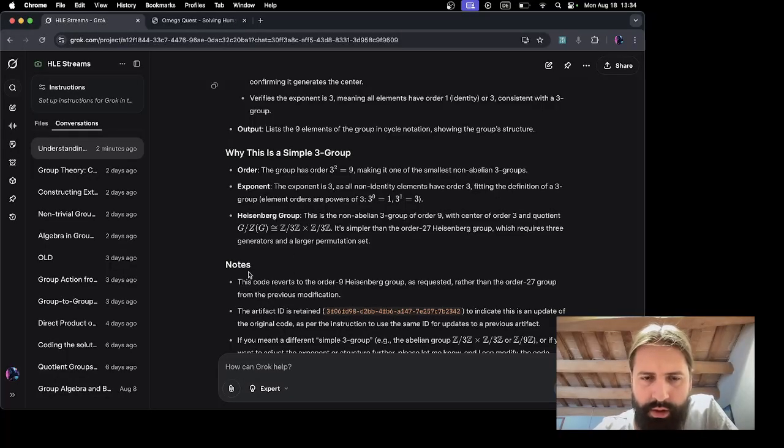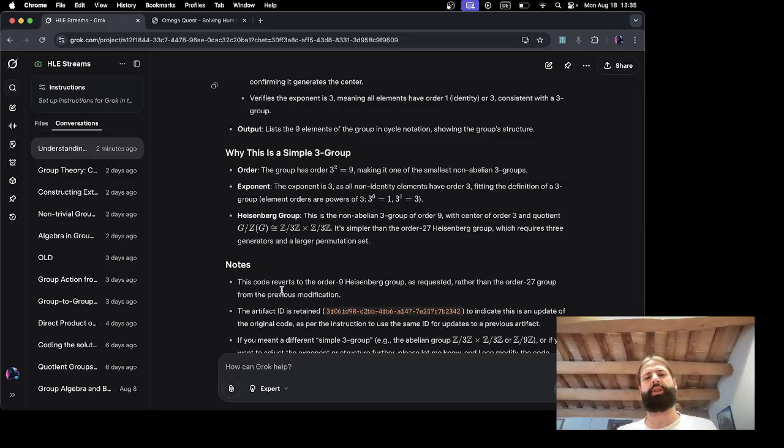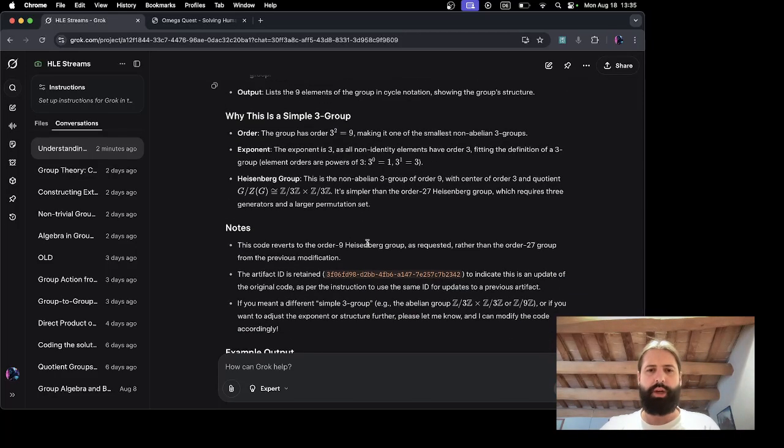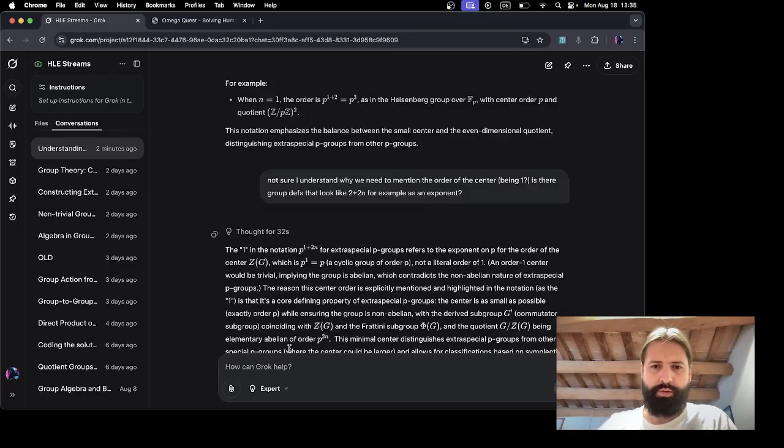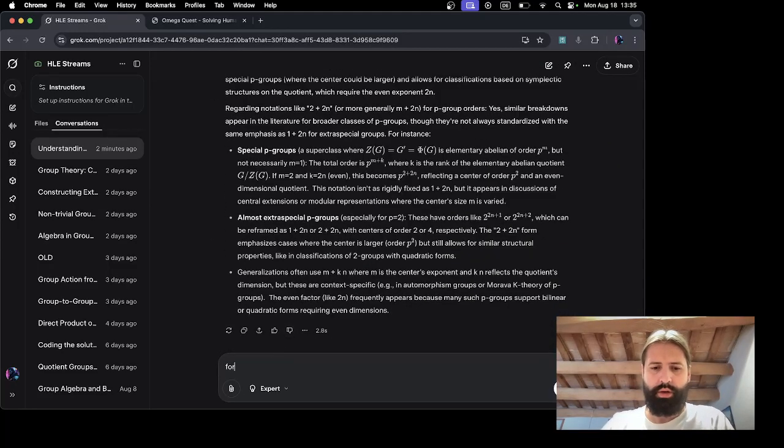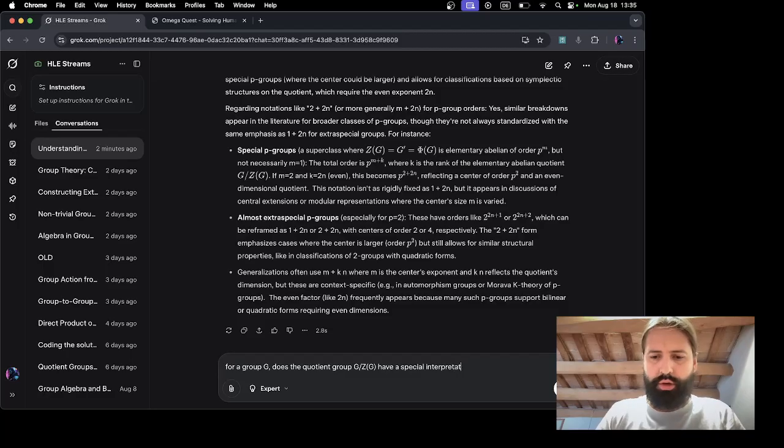I mean, the order of the quotient G over Z(G), so the quotient of the group with its center. Does this have any special meaning? So for a group G, does the quotient group G over Z(G) have a special interpretation?